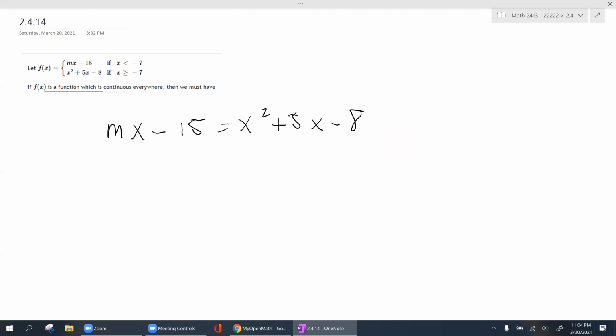You set it equal to one another, and you may be asking, do I solve for x or do I solve for m? You're going to solve for the other letter, because where do you want these two lines to meet? At x equals what? At x equals -7. So that means you're going to plug in -7 for every x that you see.